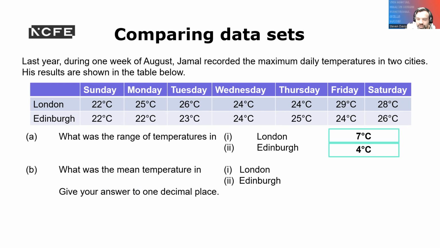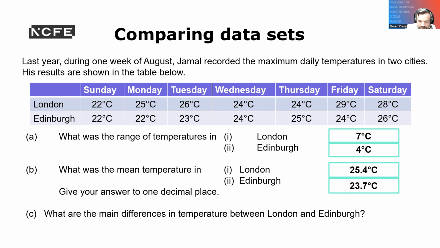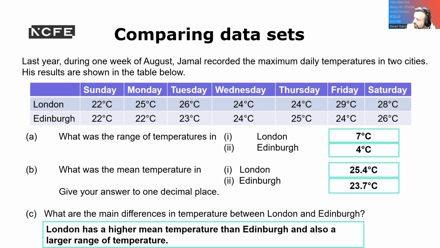What was the mean temperature? Again, we're looking there at 25.4 and 23.7, given the decimal place. And what are the main differences in the temperature between London and Edinburgh? Again, we would then want to calculate that.